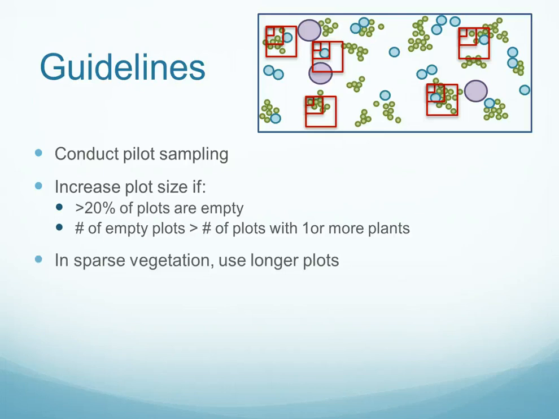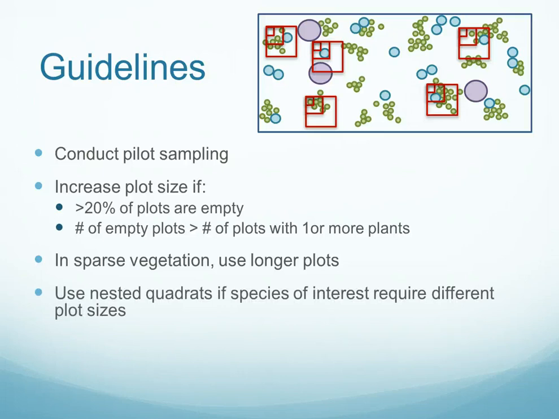In sparse vegetation, we tend to elongate the shape of the plots, and we use nested quadrats if the species of interest require different plot sizes. Remember the importance of clearly stating your ground rules before you initiate your sampling efforts.